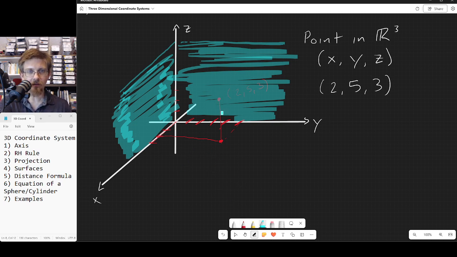Okay, so what we want to know is, where does this point project onto various planes? So we could ask, where does (2, 5, 3) project onto the xz plane?